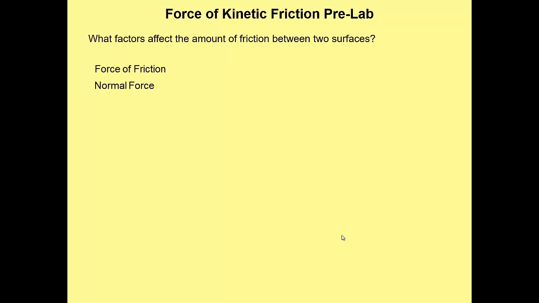Now that's often related to the force of gravity in sometimes simple, sometimes more complex ways, but the normal force is proper because, again, it's the force between the surface and the object, which is where friction is. The other one that most people come up with is the types of surfaces. We just know from general experience that some surfaces are rougher than others. There are other things we could throw in here, but we're not going to be able to test them in this lab, so we're going to focus on these variables: force of friction, normal force, and types of surfaces.